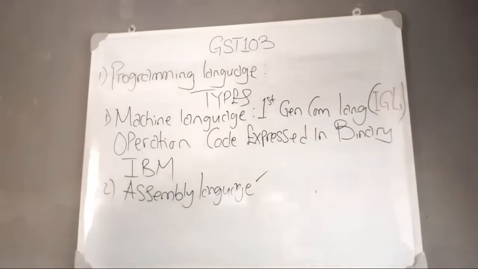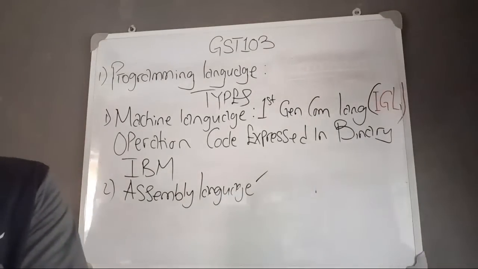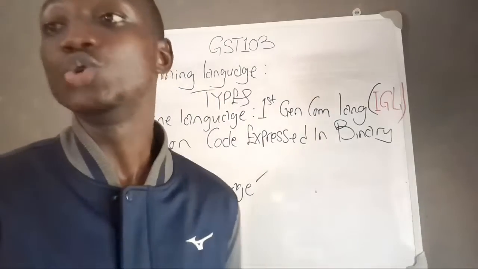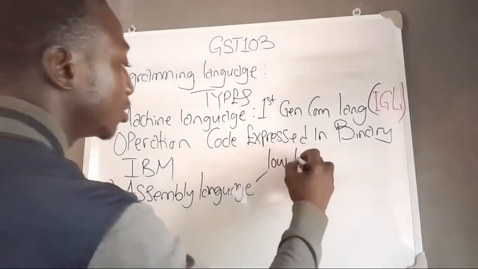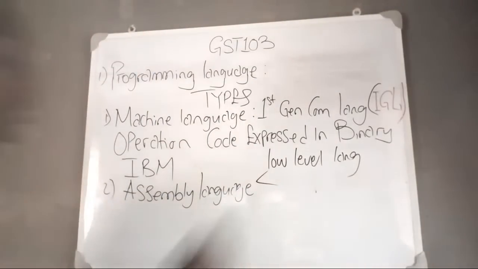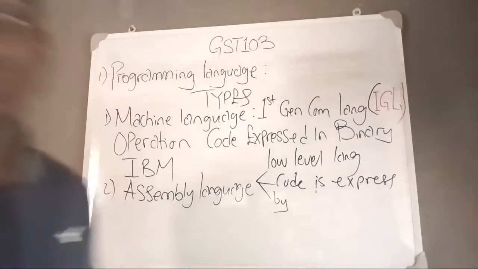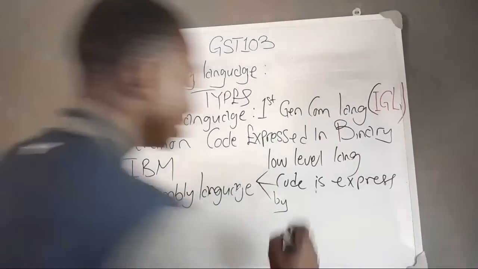Now I want to talk about assembly language. Assembly language is also a programming language. Its operation code is expressed as a combination of letters rather than binaries. Assembly language is a low level language.